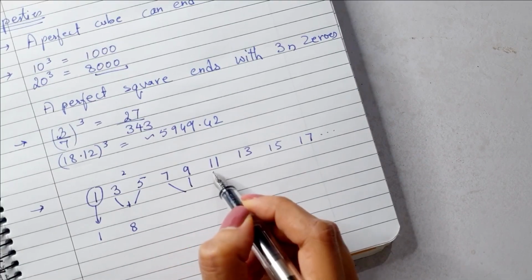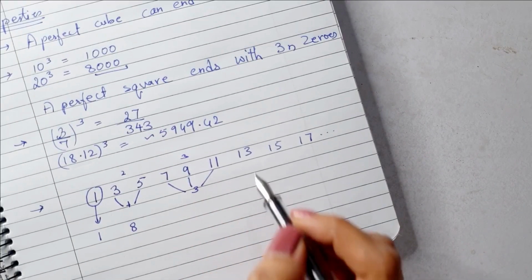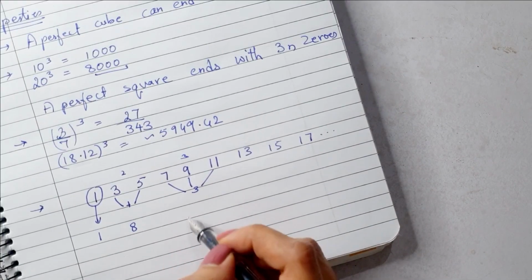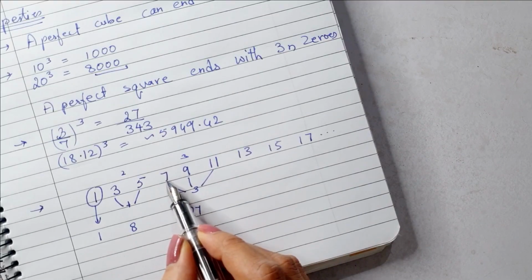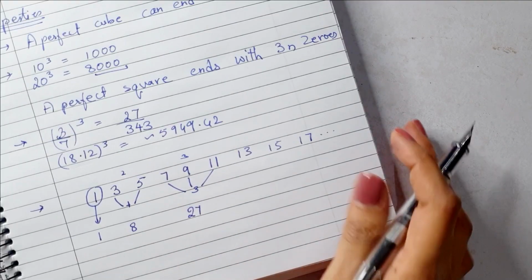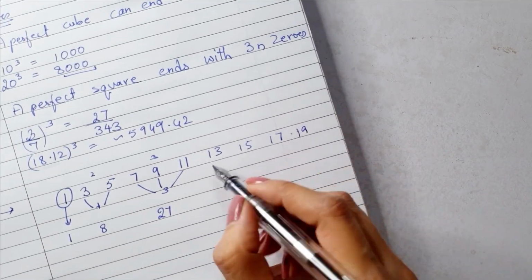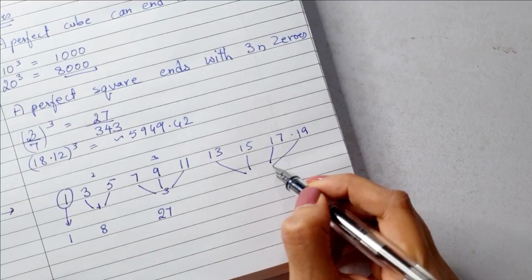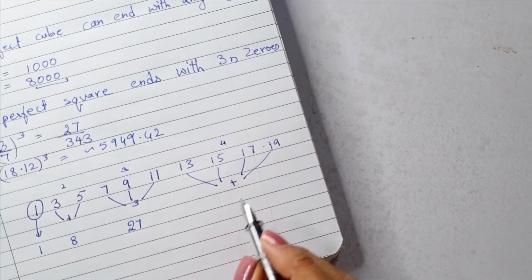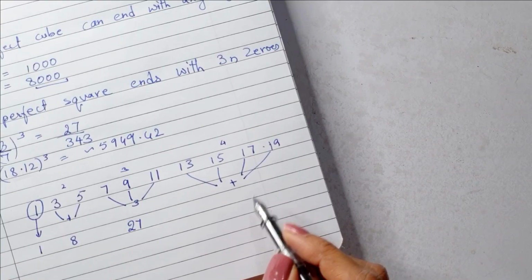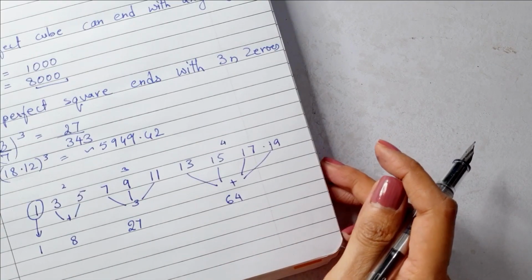If I add the next 3, I get 3 cube, which is 27. So 11 plus 9 plus 7 is 27. And similarly, if I take the next 4 and I add them, the answer will be 4 cube.